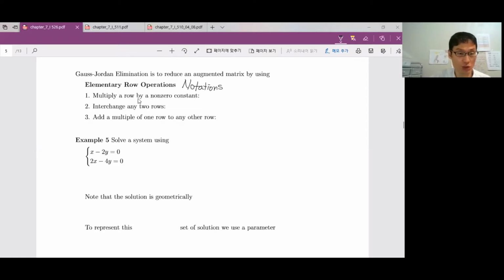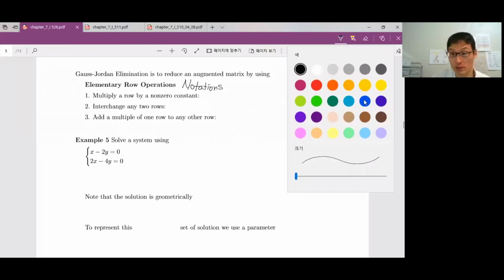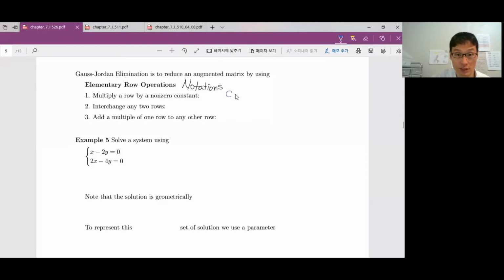The first operation is to multiply a row by a non-zero constant. For example, you can multiply some number to the first row, second row, third row. The notation is C times Ri, so you're multiplying a constant C to the ith row.